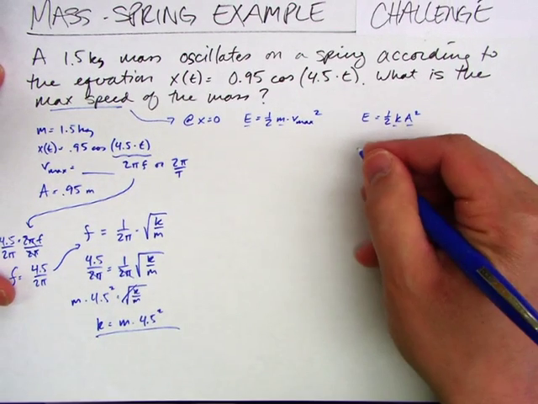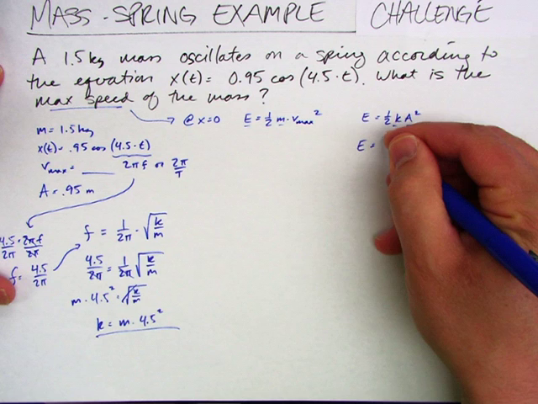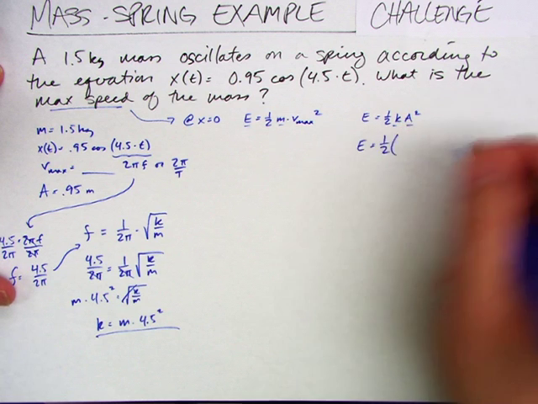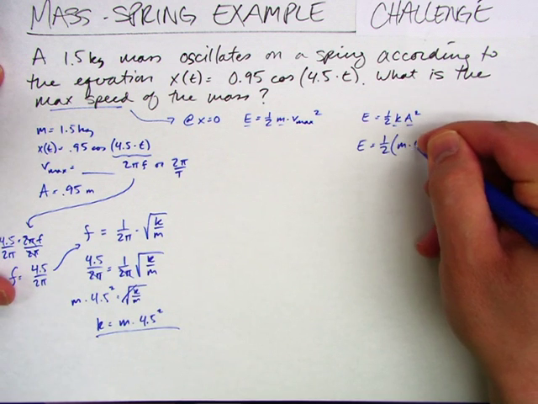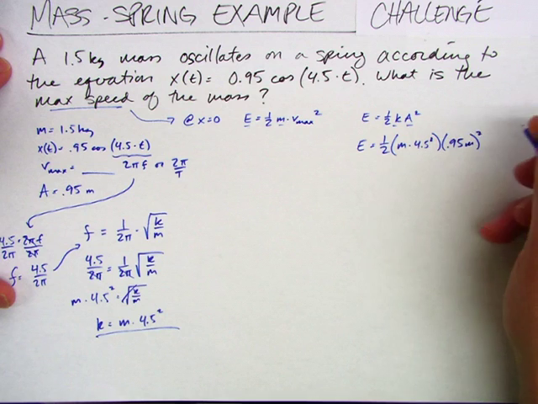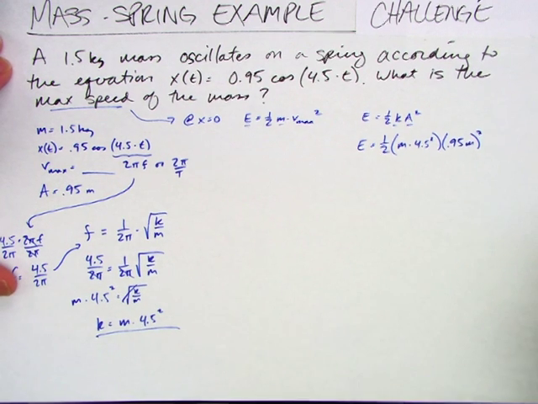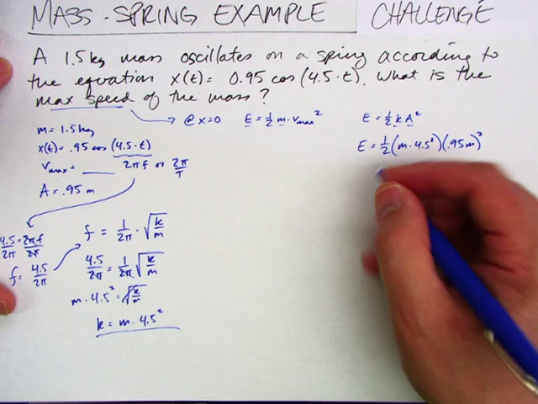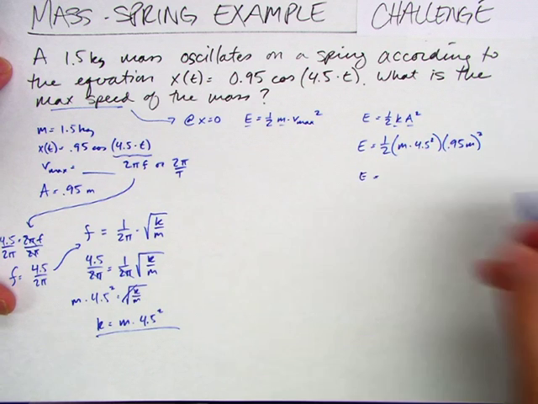All right. So let's use that then to find my total energy. At maximum amplitude, 1/2 times my expression for K, which is mass times 4.5 squared, times my maximum amplitude of 0.95 squared. Now let's express this out to make it a little simpler.